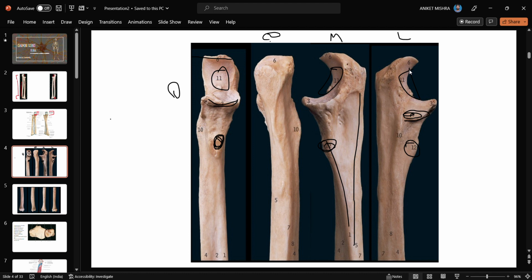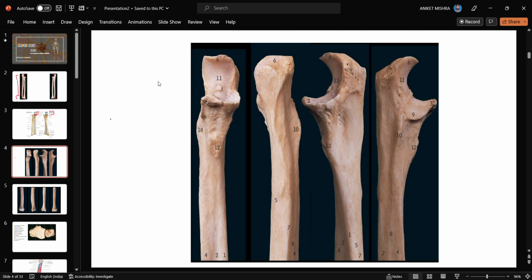When we talk about the shaft, we will see that the shaft of the ulna has three borders and three surfaces.